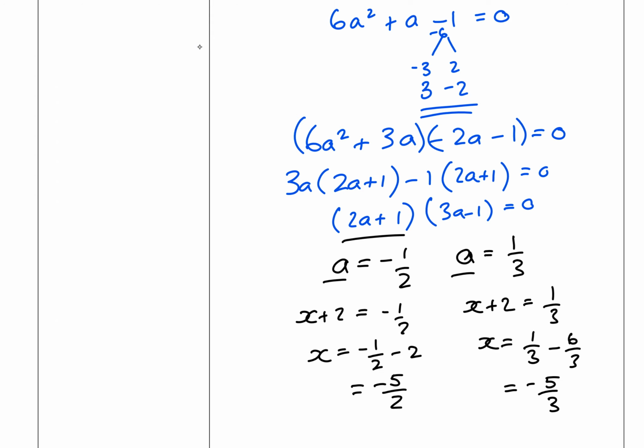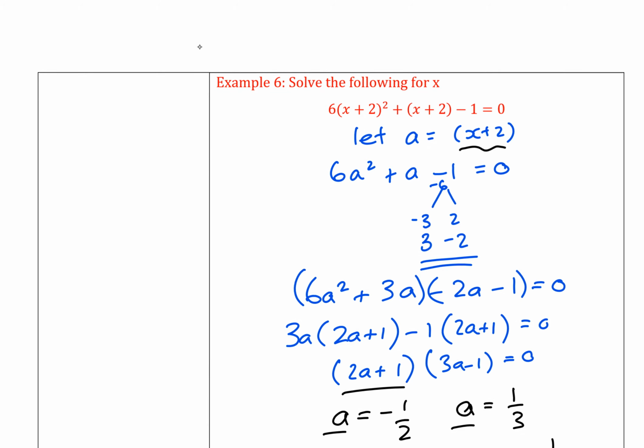So it's important to recognize that what we're presented with may not always immediately appear to be quadratic. In fact, sometimes this might look like 6 times e to the 2x plus e to the x minus 1. It might be 6 times 2 to the 2x plus 2 to the x minus 1.